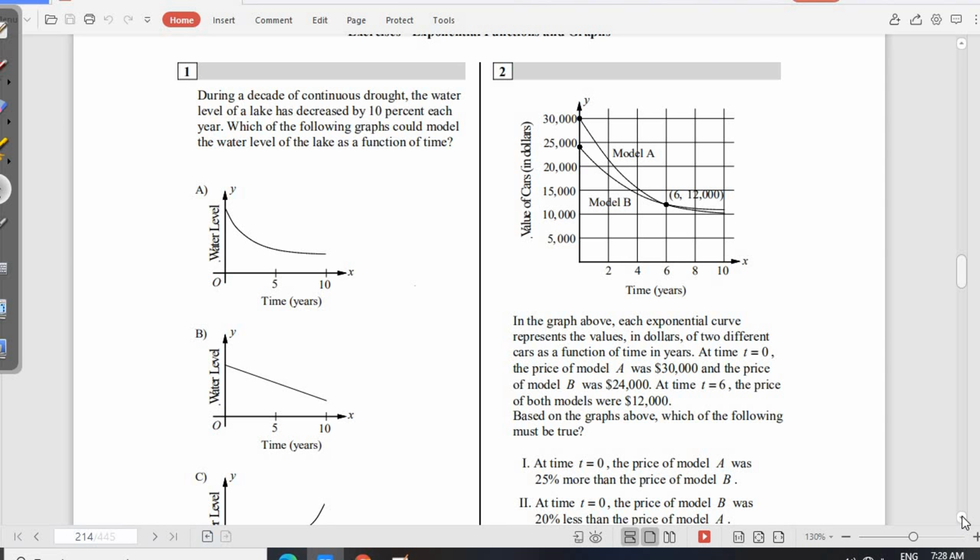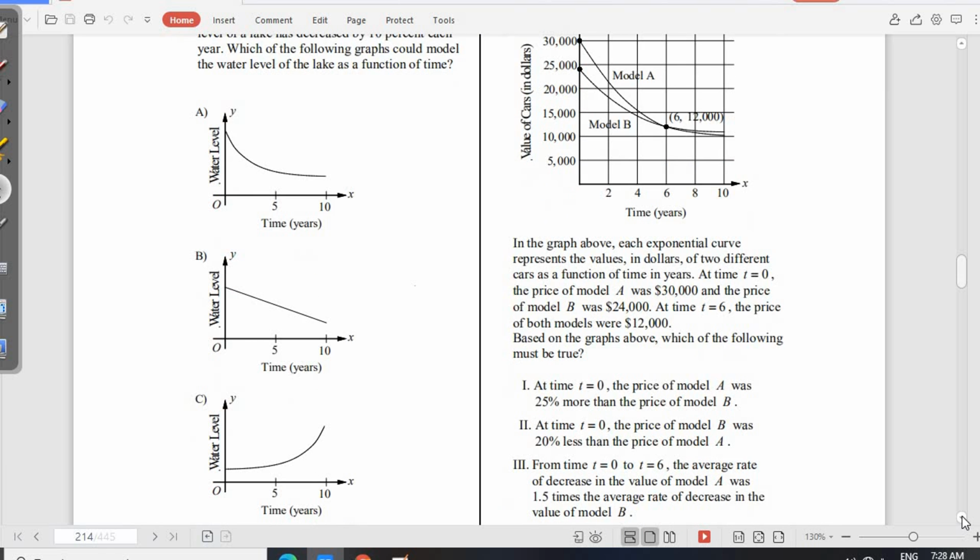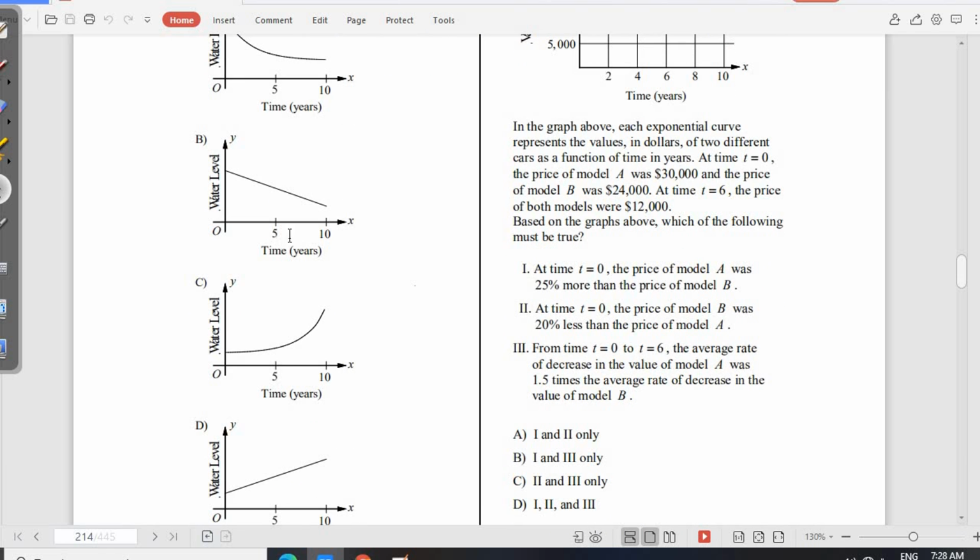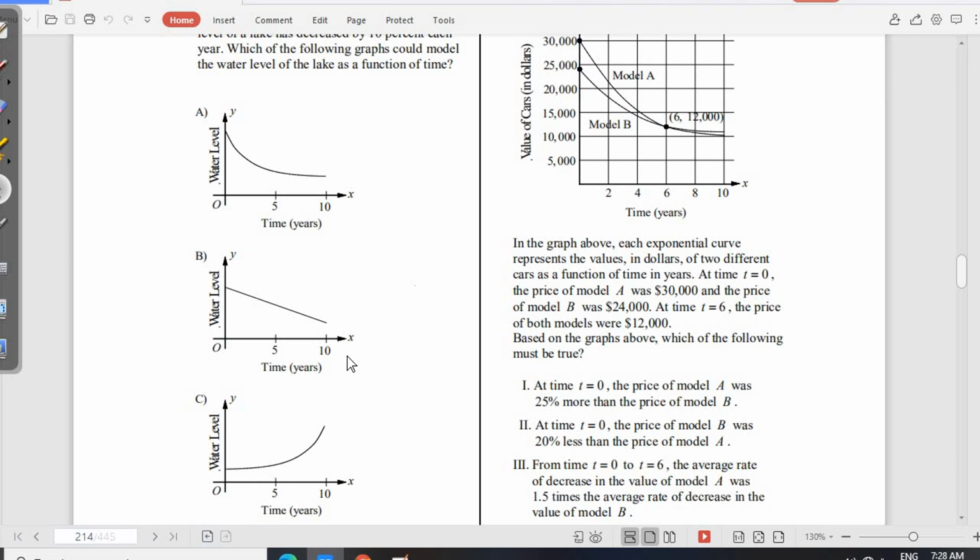It's decreasing by 10%. The first time, there will be a very large decrease. Now you know that when you're talking about increase, you're looking at things like this. But when we're talking about decrease, it's either things like this or things like this.